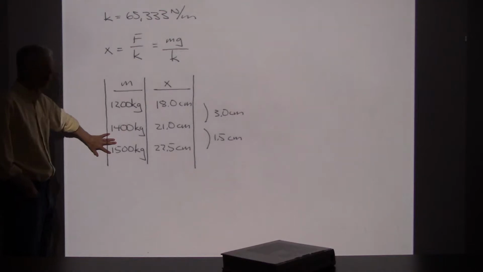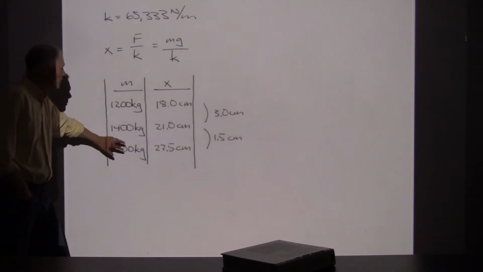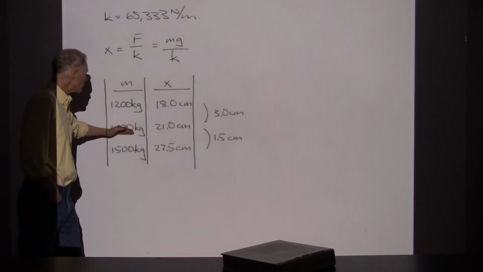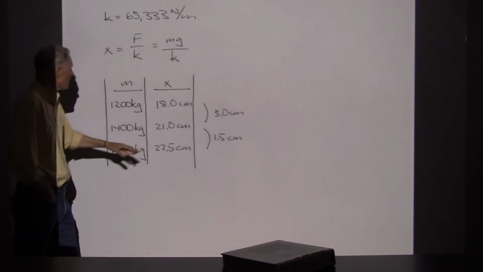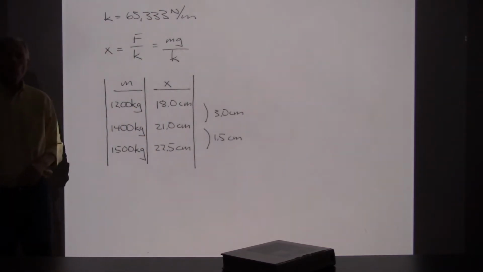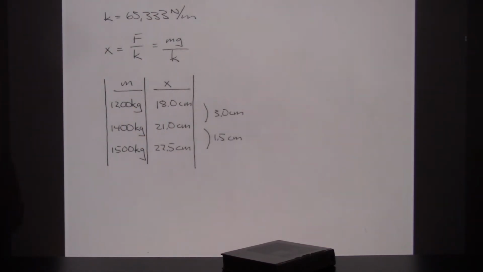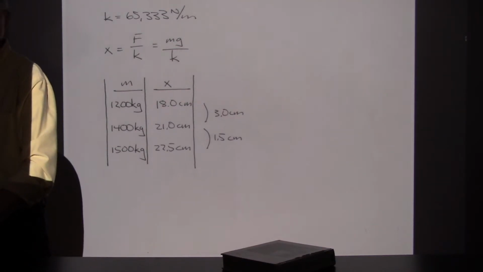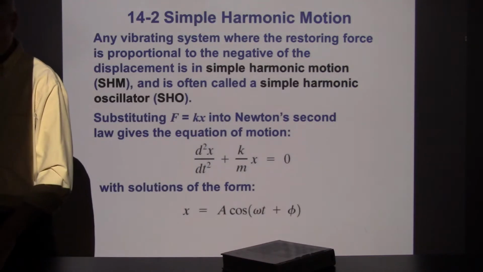If they take along 100 kilograms of luggage, that's going to compress it further. I just keep putting these different mass values into that formula. That compresses it to 22.5, which gives us an additional 1.5 centimeters of compression. So you can see what's happening as we load the springs.